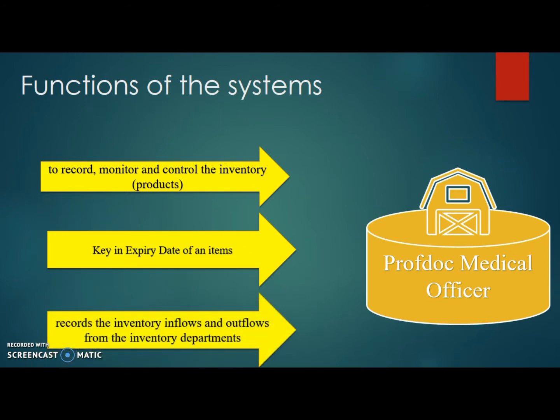First is to record, monitor, and control the inventory. Second is to key in the expiry date of items. And third, record the inventory inflows and outflows from the inventory departments. So each and every time inventory is received from the supplier, it will be directly recorded into the system, especially the expiry date.